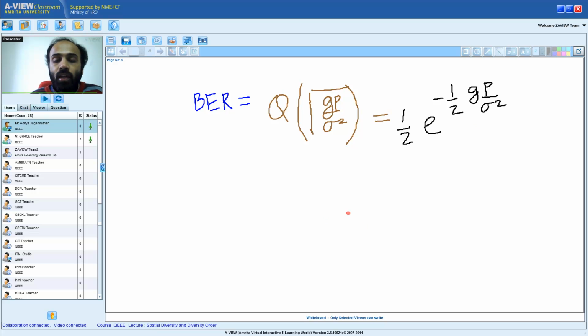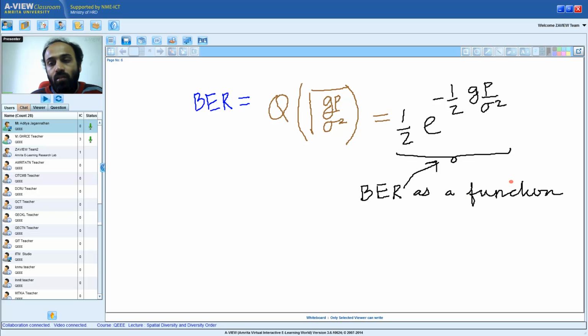Now this is the bit error rate as a function of the random variable G. Remember, this is the bit error rate as a function of the random variable.